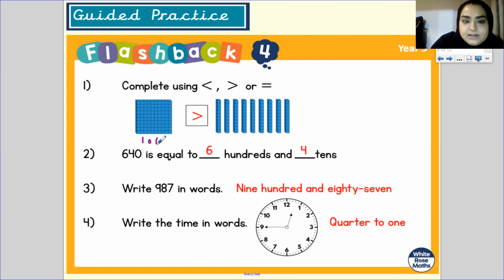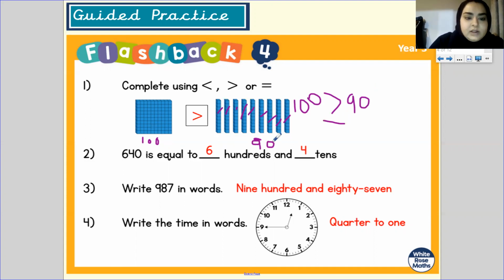Okay, then we know these are 10s, so let's count them. 10, 20, 30, 40, 50, 60, 70, 80, 90. So we know that the 100 square is greater than the sticks that we have here. So we know 100 is greater than 90. So you should have used this symbol here.